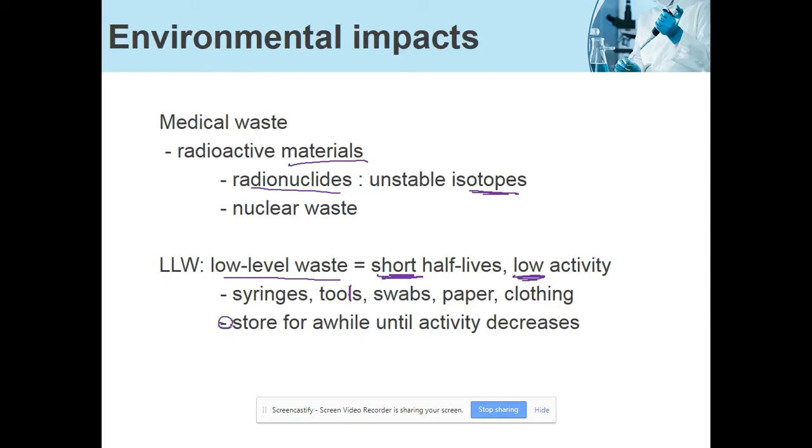We just store them for a little while in a container that is lead or some other kind of material that prevents that energy from escaping into the environment. You just store it until the radioactivity has decreased to a point where it's not dangerous anymore, and then you burn it or dump it into a landfill.